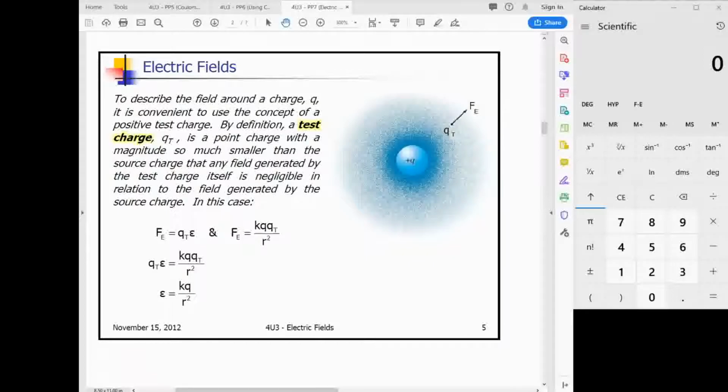So the electrostatic force, Q times epsilon, if we relate that to the other way of calculating it, which is K times Q over R squared, we can end up getting a different formula, epsilon equals K Q over R squared, to calculate our electric field.